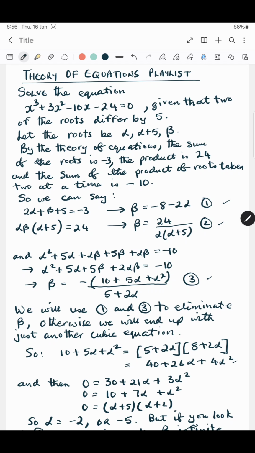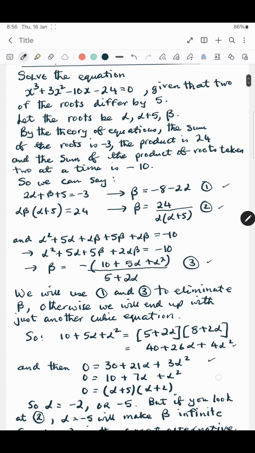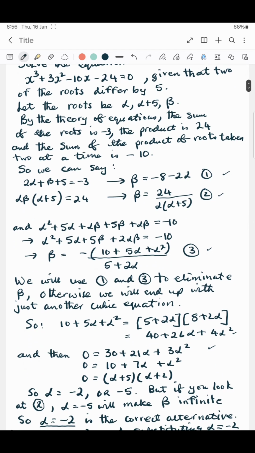And then simplifying, getting everything to one side, 0 will equal 30 plus 21 alpha plus 3 alpha squared. That can be divided through by 3 to give us 0 equals 10 plus 7 alpha plus alpha squared, which factorizes to 0 equals alpha plus 5 times alpha plus 2.